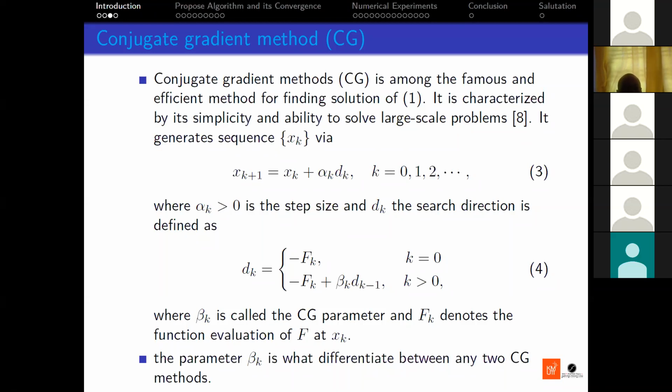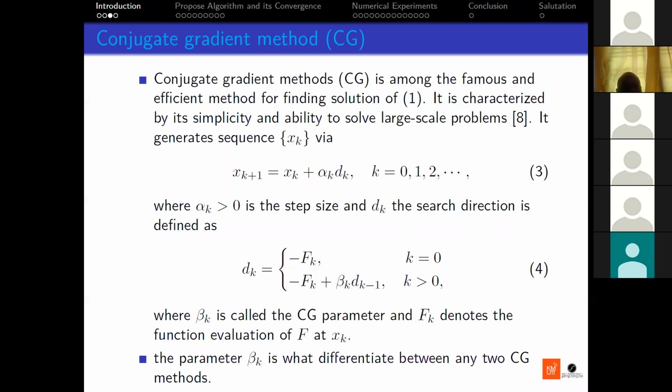So in that regard, the Newton and quasi-Newton methods may not be appropriate, because when using the Newton method, the function under consideration needs to be continuously differentiable. But in this case, our assumption is that f is just monotone and continuous. So Newton method may not be appropriate in handling this kind of problem. That is why another method which does not require the differentiability assumption has to be employed.